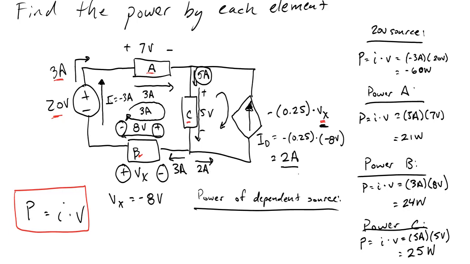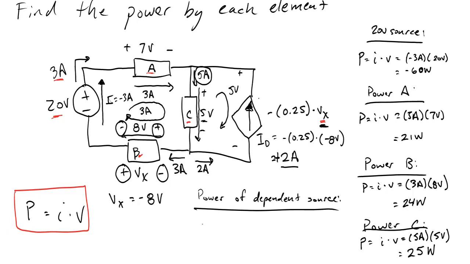Now, what's our voltage? Element C and the dependent current source are in parallel, so they share the same voltage. We can see we have 5 volts, so we have plus minus 5 volts across this current source. But which direction is the current going? It's going from minus to plus on this 5 volts, so we have to add a negative.